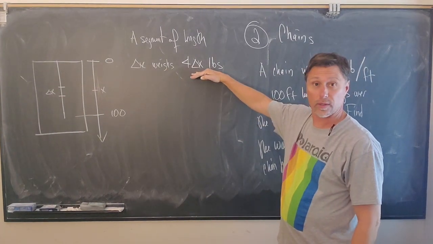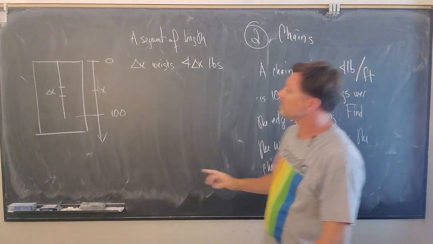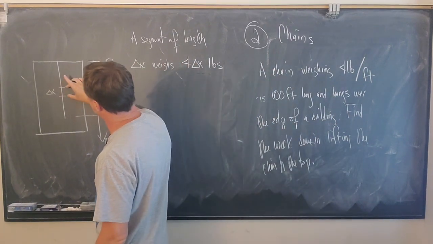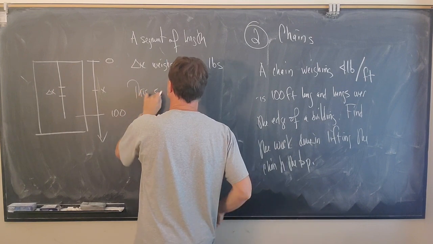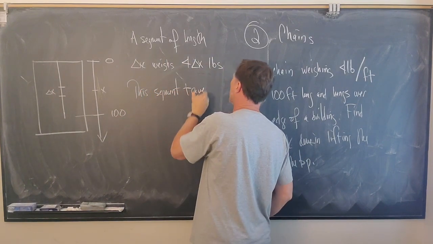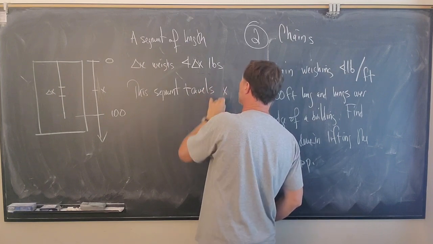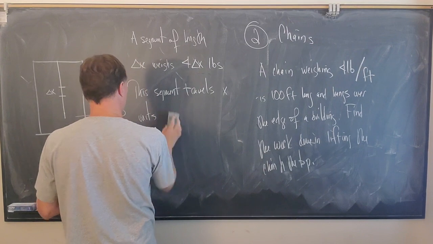There's our force right there. Now, how far does this particular segment need to travel to get up to the top? This segment travels x units. We're working in feet here, so it should be x feet to the top.